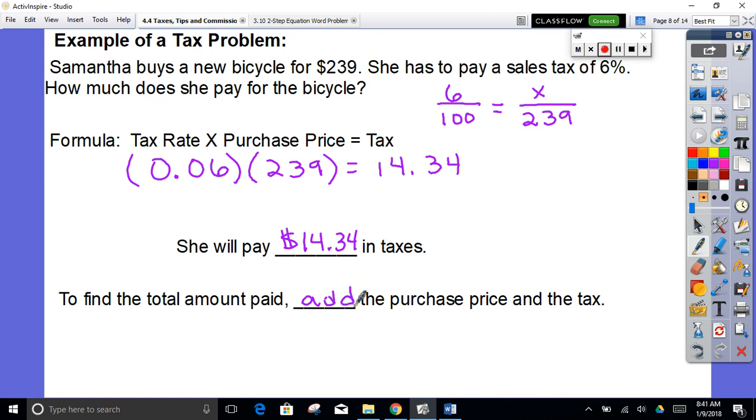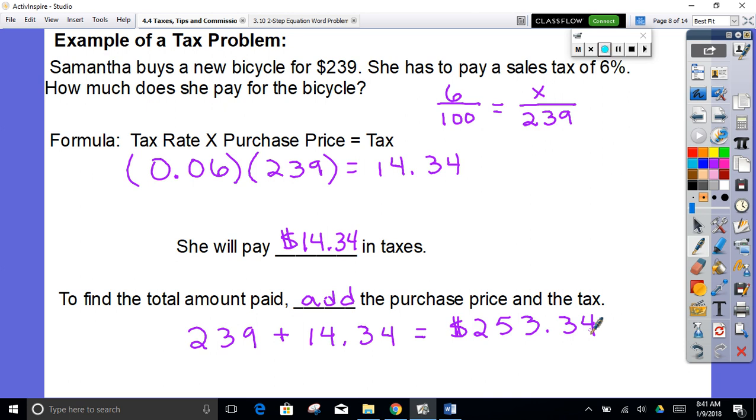So the bike was $239 plus she had to pay $14.34 for tax, for a total of $253.34. Any questions about that?